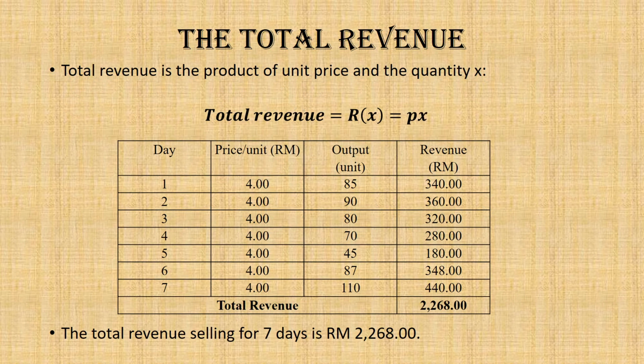The next one is the total revenue. The total revenue is the product of unit price and the quantity x. The formula of total revenue is price times unit. So for day 1, the price of nasi ayam is RM4 per unit times 85 units equals RM340 for the revenue.